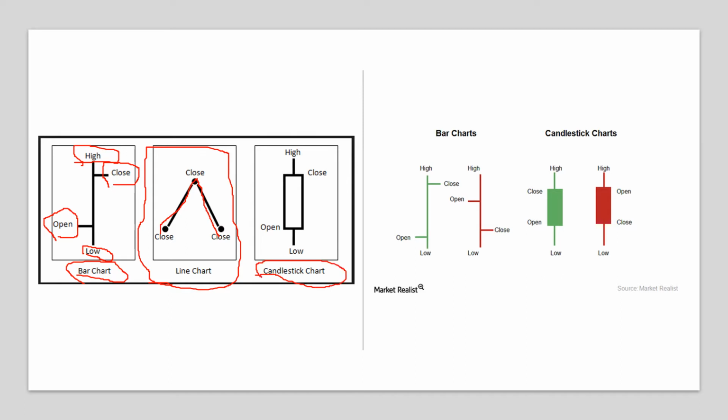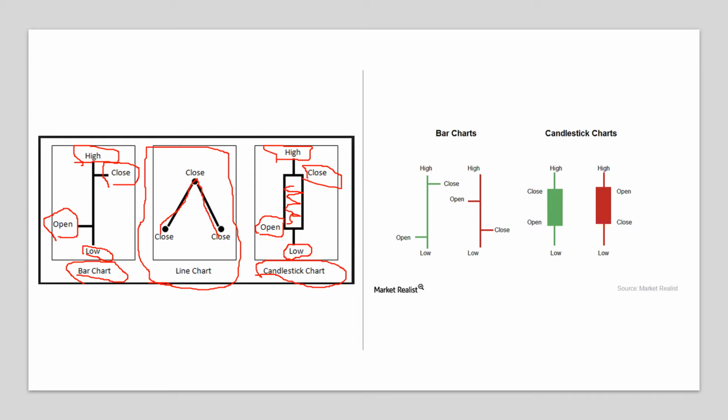The difference is the candlestick chart has what's called a body. This is the body of the candle. But it will also show you the opening price, the low for that particular hour, the highest price for that particular hour, and the closing price.